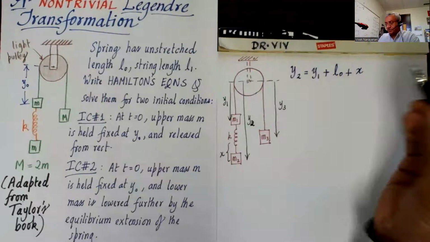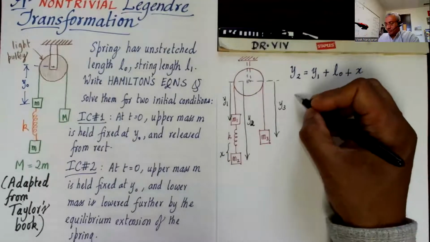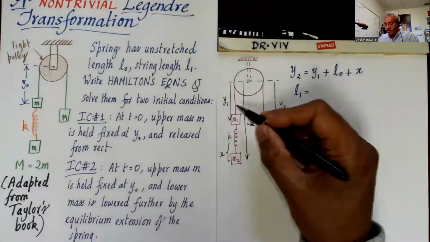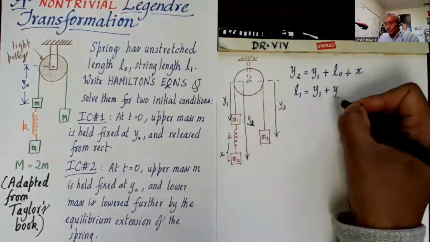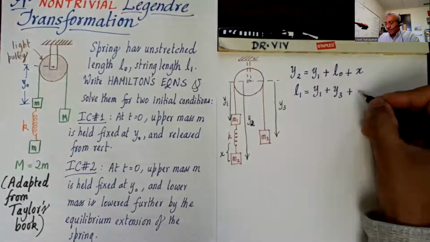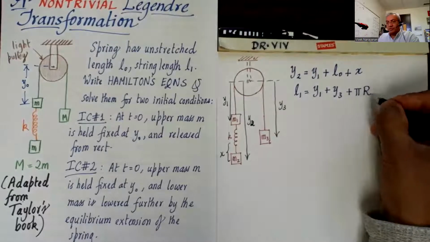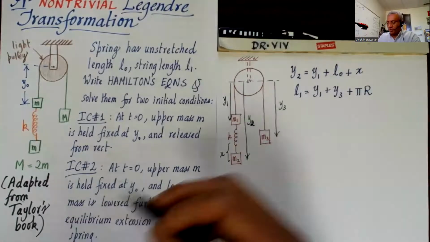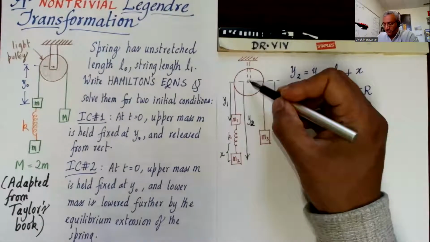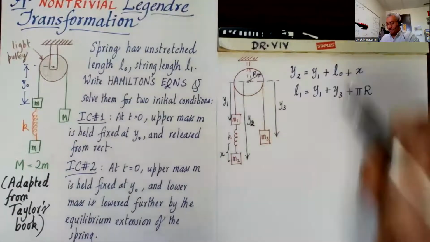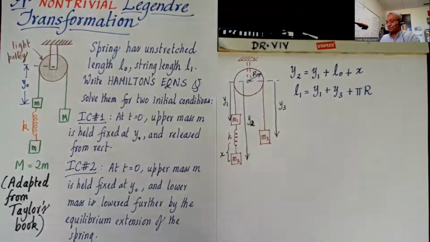So let's write an equation for that. L1 should be equal to y1 plus y3 plus the half circumference of the pulley. Let's just say the pulley has a radius. They've not told us the radius, so we'll just make it up, radius r. Okay, so these are the two length constraints that we have.